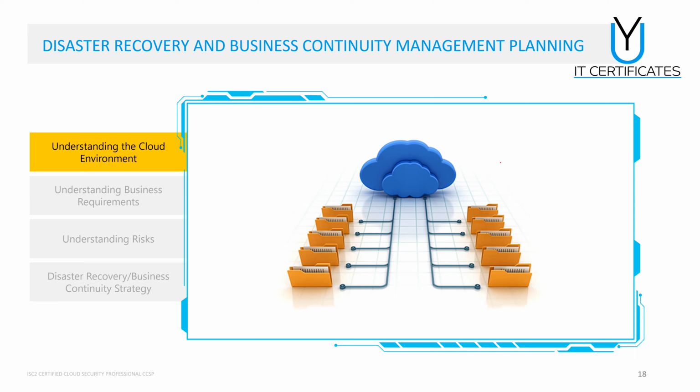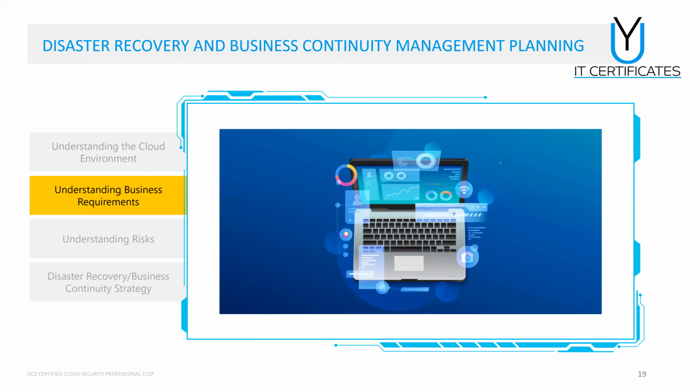In disaster recovery and business continuity, it's very important to understand the business requirements. For example, in a bank, you cannot say that if the production site is down, the other service will take 1 day or 2 days or 3 days to be up and running again.